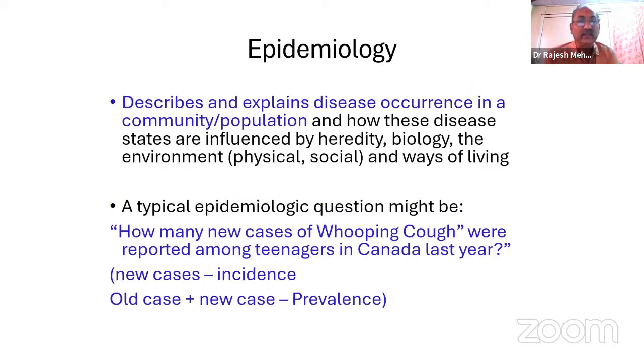Now, in this case, whenever we want to study something, we need to describe time, place, and person in detail, and then we can do the further data analysis. When we describe, it is descriptive epidemiology. At what time, on which day.